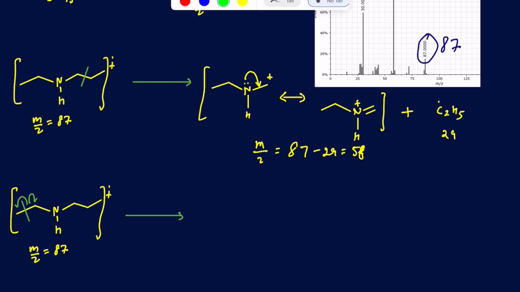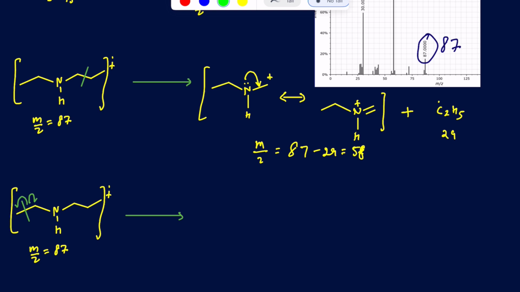So when that happens, one of those electrons comes up here and you have another electron here, which makes this nitrogen neutral with the non-bonding electron pair. You'll still have a positive charge on this carbon because of the incomplete octet.